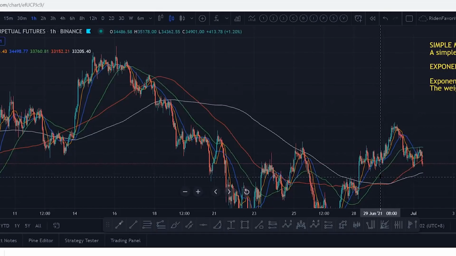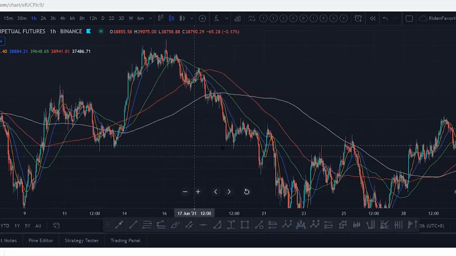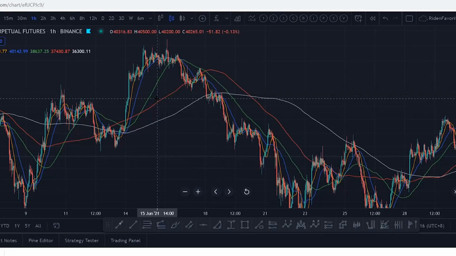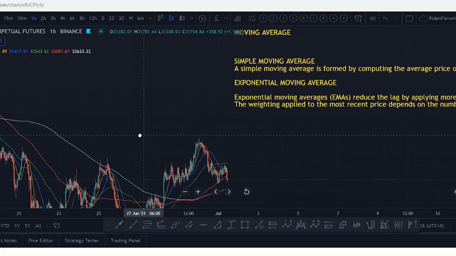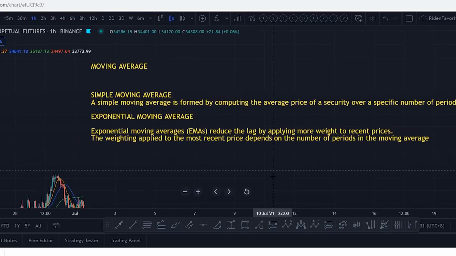So it means that this is the average of the 200 candles on this chart, which represented by the white line. So later on, we have the moving average 100, the red one. So it means that 100 candles has been averaged and represented by the red line. So this is the moving average, and it works as a dynamic support and resistance.